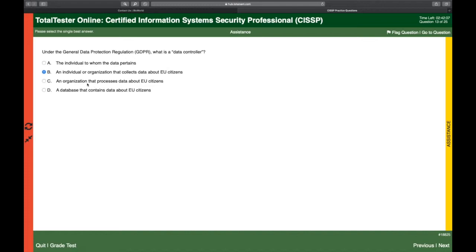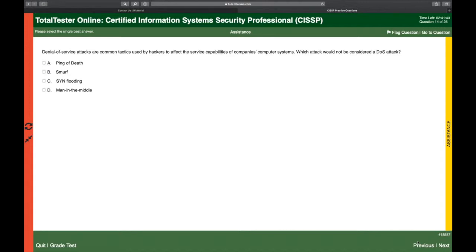I think B is a little bit better. I think Charlie implies you're processing the data. It implies that you've collected it. But the controller, I can't really justify why, I just feel better about Bravo. But we'll see.